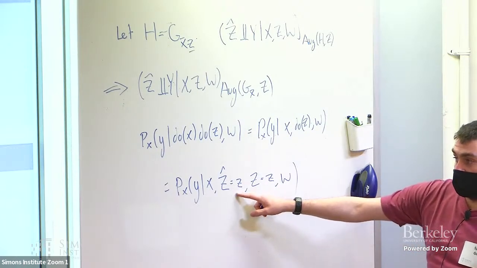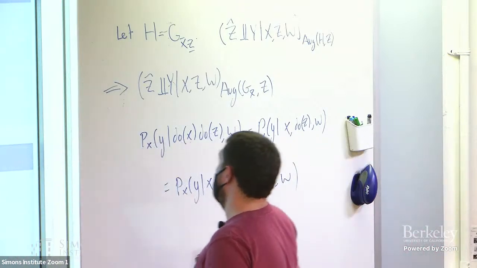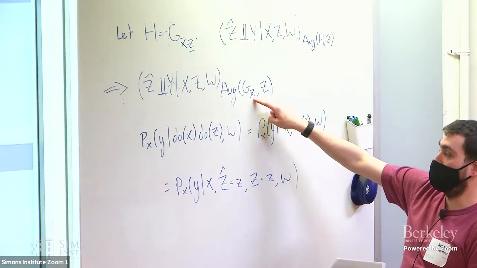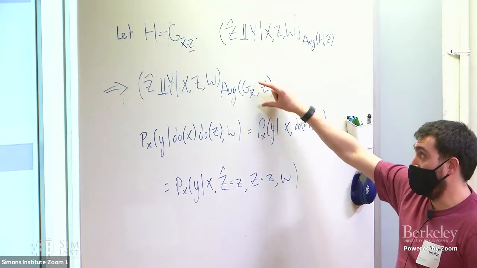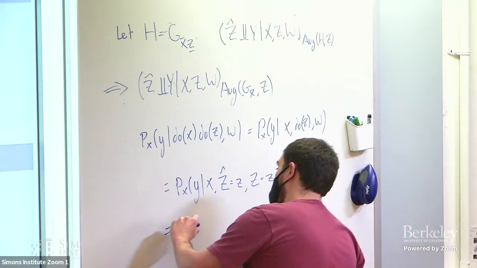And so I'm going to use this deseparation, right? Because the graph I'm working in is the graph where I've intervened on X.